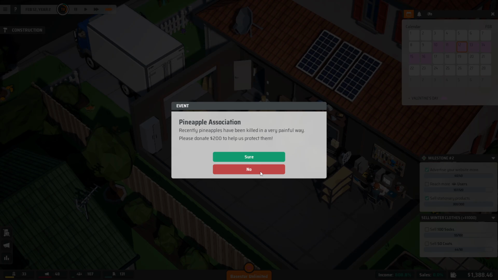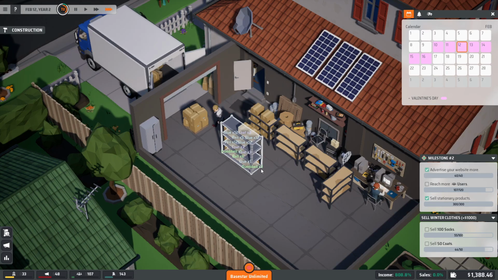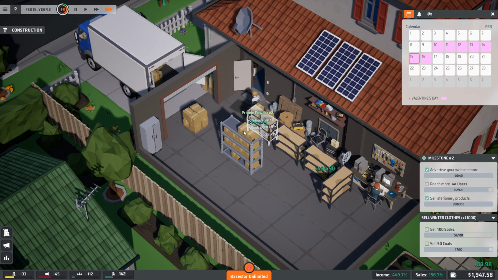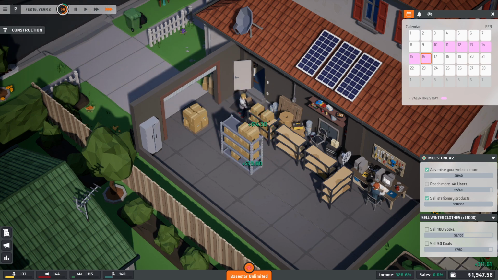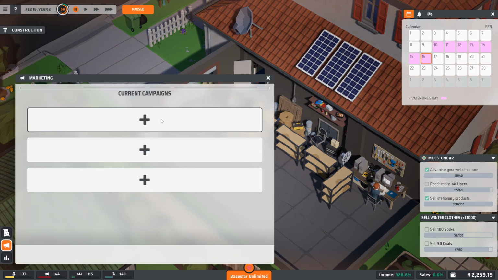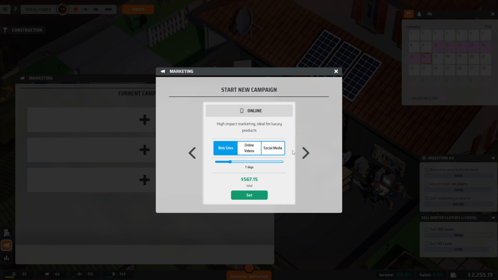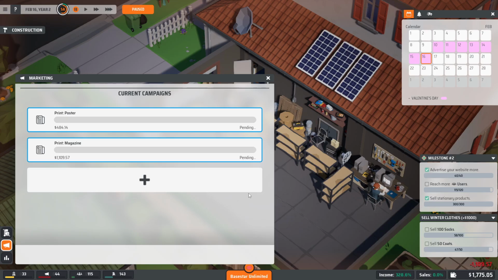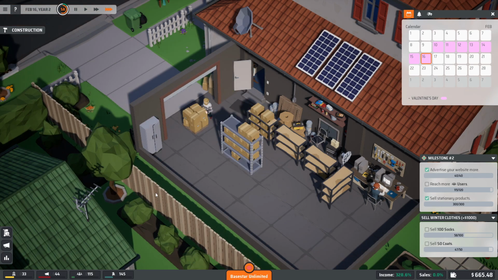Pineapples. I'm sorry. Pineapples, no. Do you have to keep a campaign ongoing? Yeah. Turns out posters, magazines.